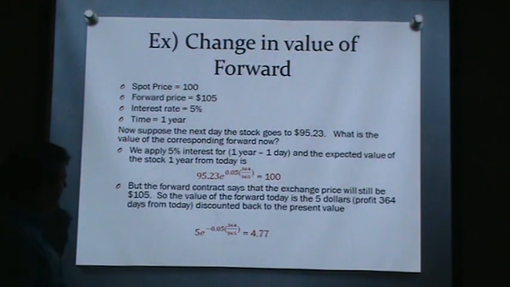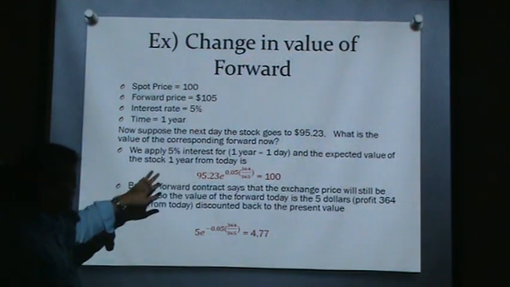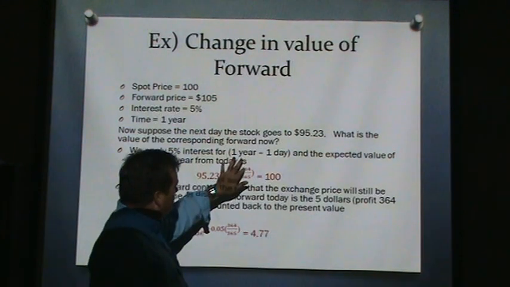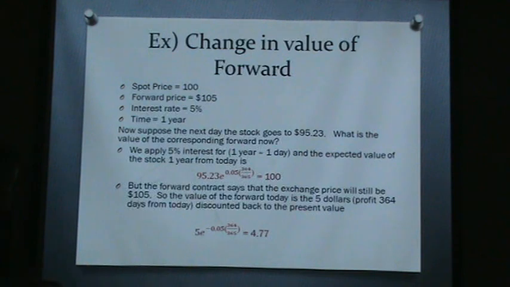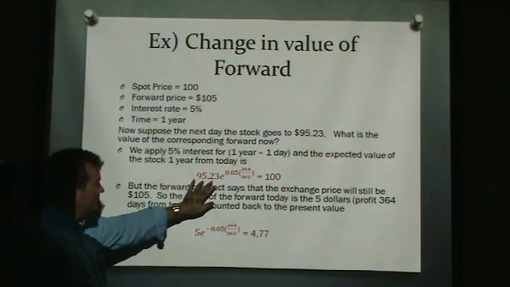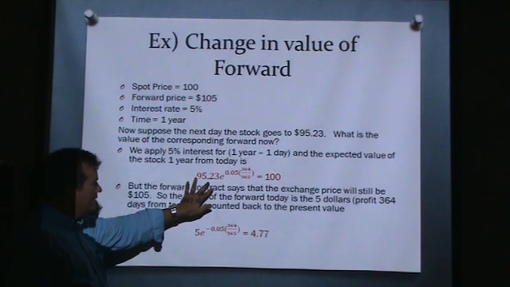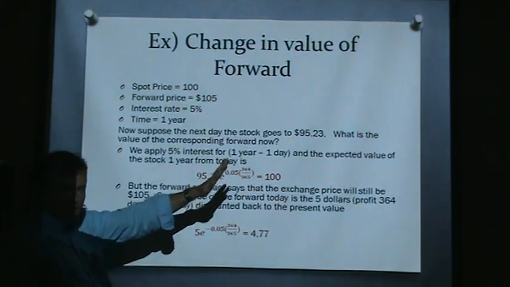So we'd say we apply the interest of, this would be 364 days of interest to the expected value of where we think this is going to be a year from now. So what would we expect this underlying stock to be 1 year from now?